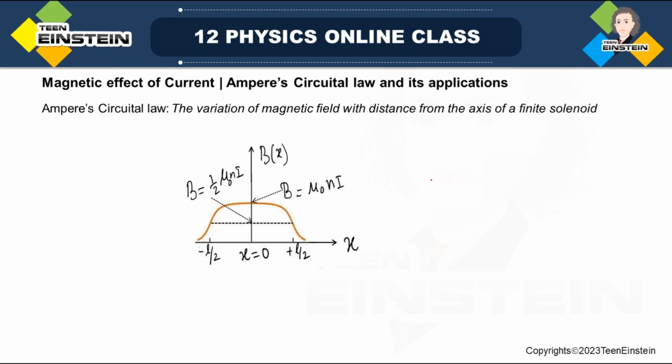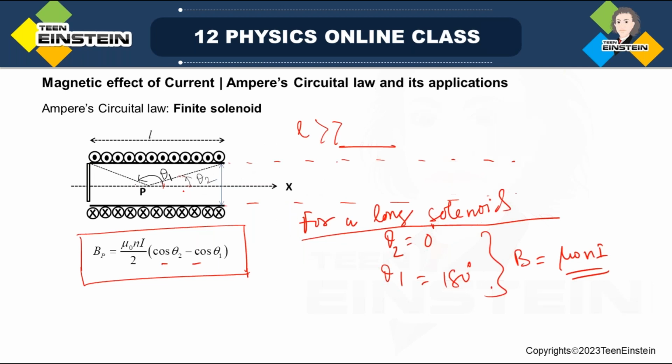So you have the solenoid. As we have already discussed, the magnetic field will be B equal to mu 0 n I when the point is inside the solenoid.